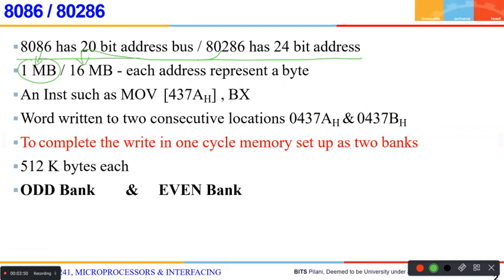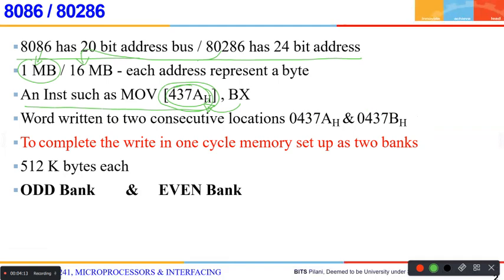You can see that an instruction like this can put a 16-bit content into an address 437AH. What does MOV [437AH], BX do?